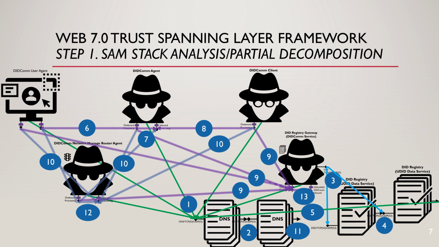And then we'll bring those together. That's what we call the SAM stack SLAM. And we'll put them into two stratas, into two layers. And from that, we'll be able to deduce the trust spanning layers for Web 7.0.